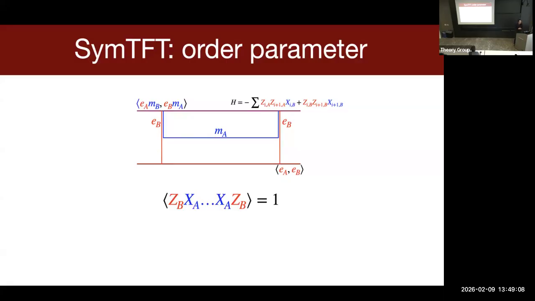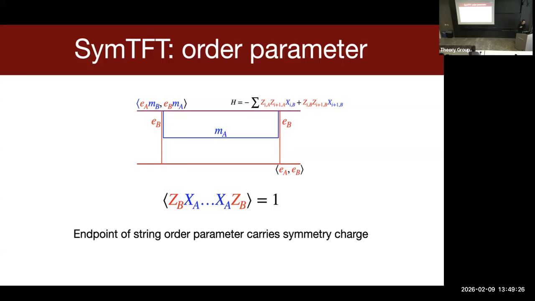And if you use this E, M and X, Z dictionary, you can read off that this means that there exists this string order parameter which has long range order in the ground state. The key physics of the cluster state really is that the endpoint of the string operator carries charge under its own symmetry, and that's what leads to this being a non-trivial SPT.